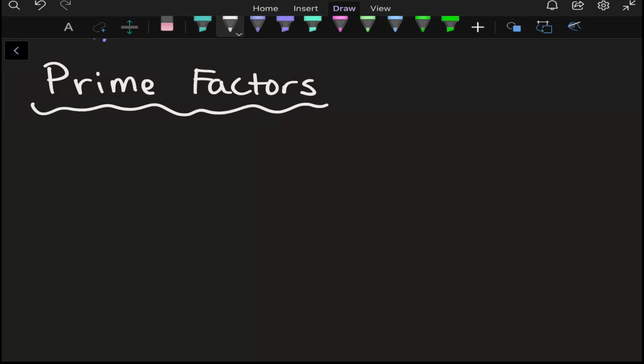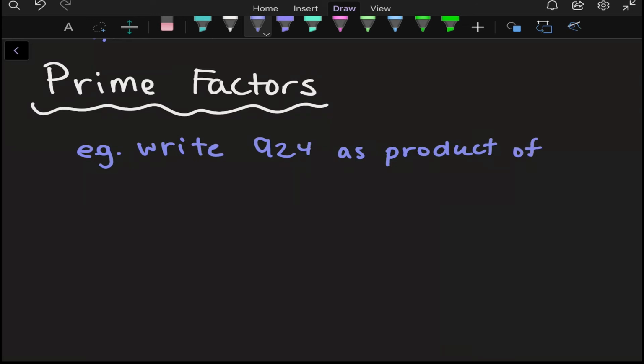So to write a number as a product of prime factors, we continuously divide a number by a prime. So our first example here is write 924 as a product of primes. Product being a multiplication of primes.